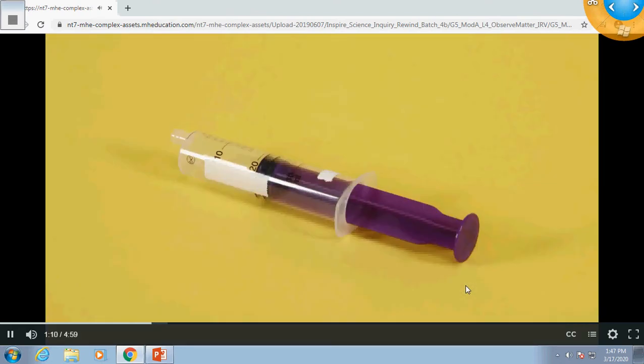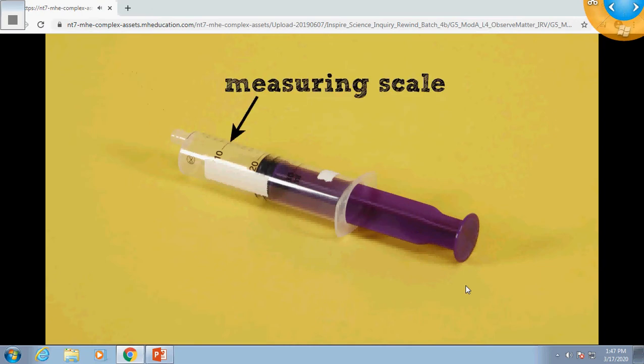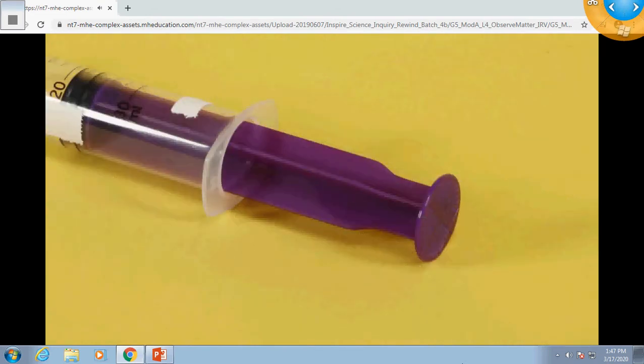In this activity, you will use a syringe. Let's learn about its parts. A syringe consists of a barrel, plunger, tip, and usually a measuring scale. The barrel is a tube-like structure that holds the fluid to be used or tested. Today, you'll fill the barrel with air. The plunger is the part of the syringe that is pushed or pulled.